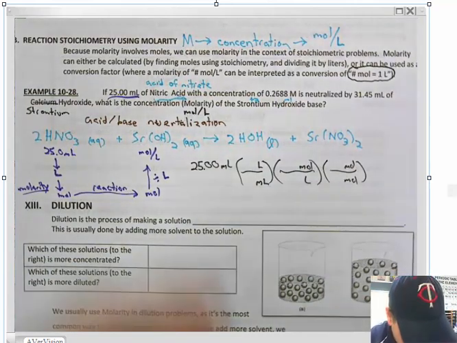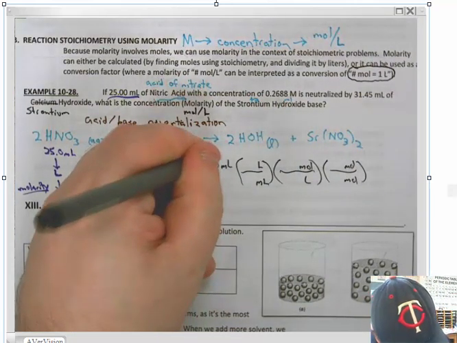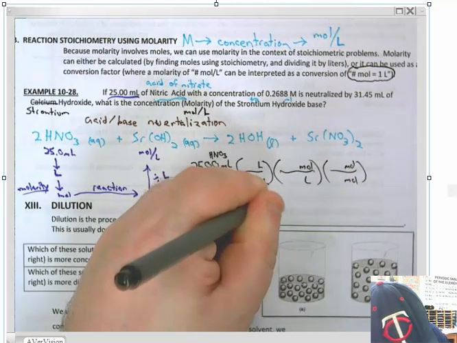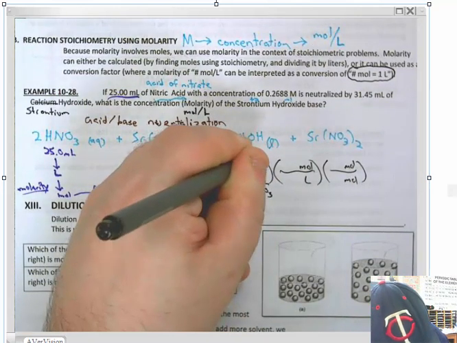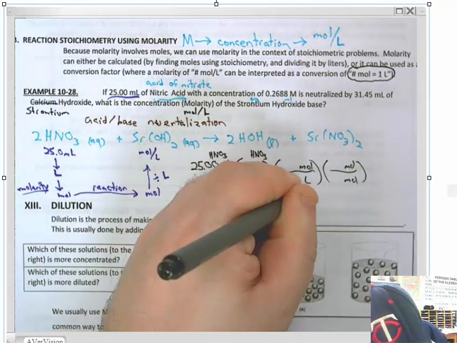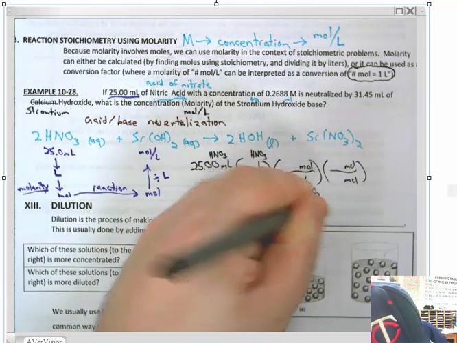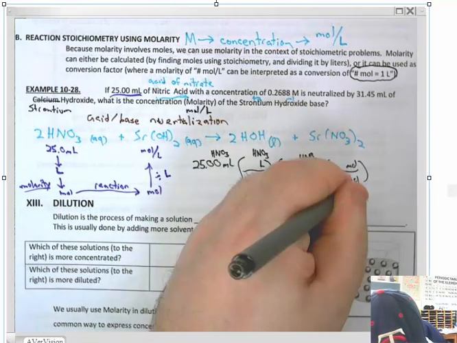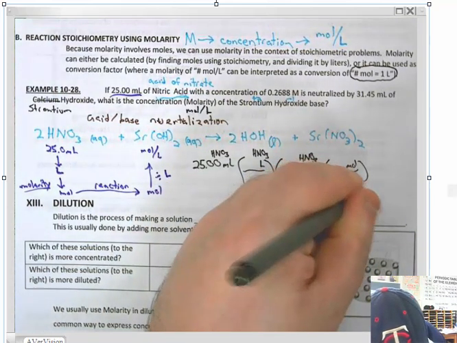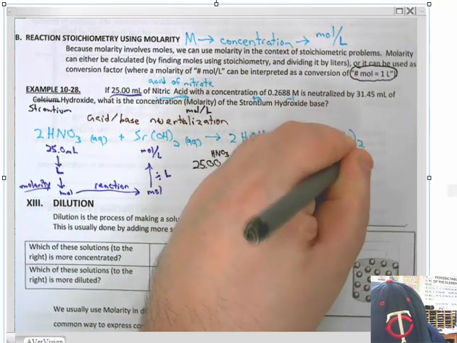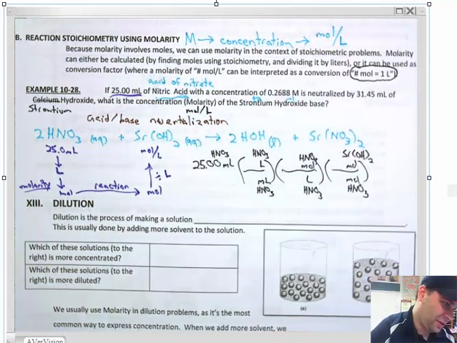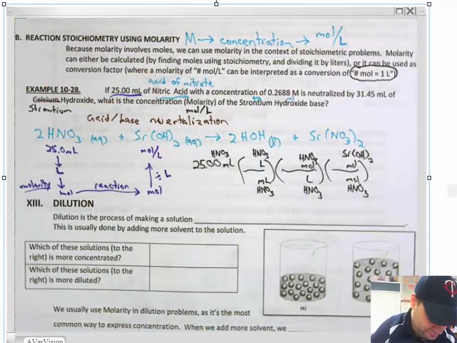And we know that this is HNO3 here, HNO3 here, and so on. And then this flips to the strontium hydroxide over here. Okay? Now that's not my whole T-chart, but it's a start.